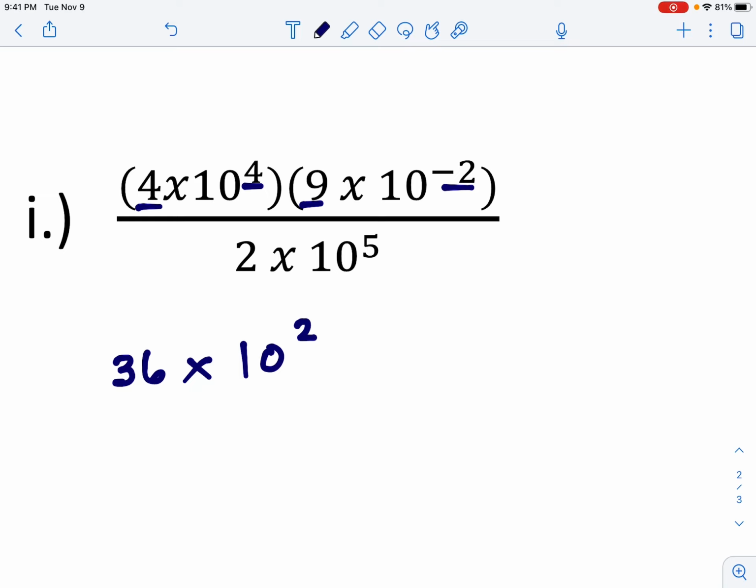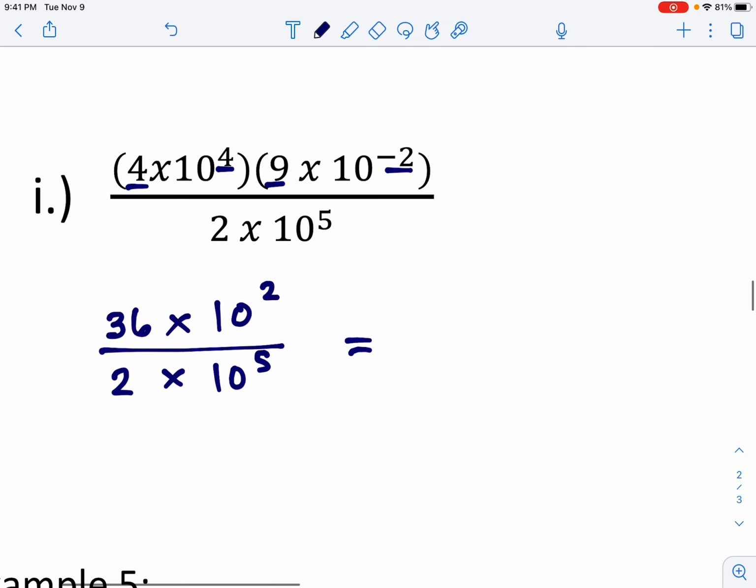So now we're going to put it over 2 times 10 to the 5th power, because that's this down here. I just moved it down. And then we're going to divide it out. So 36 divided by 2 gives you 18 times, and then we're going to subtract our exponents.